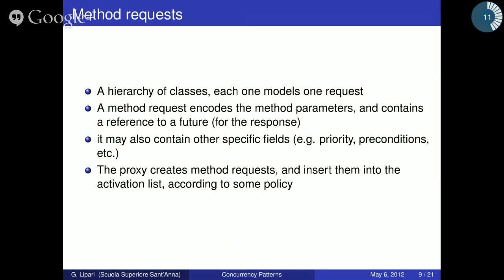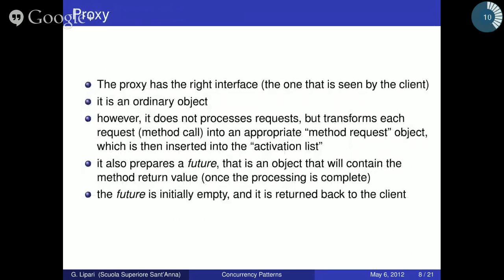Okay, so basically the proxy is a class with methods. When the client invokes a method, instead of executing the method, it prepares, for example, a packaged task. So an object that is going to be executed later, and obtains a future for it, and returns the future to the client.